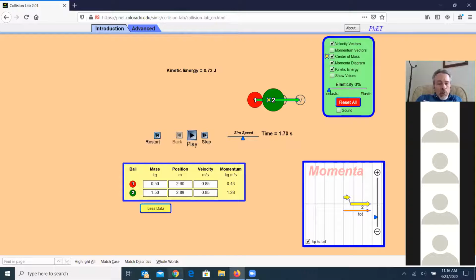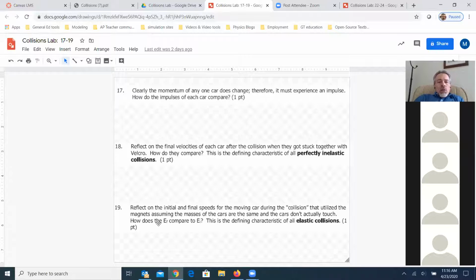So let me go back to that question. So how do their velocities compare? They are the same, as Adam told us. And I kind of want you to say, oh, they're the same, kind of like they're stuck together with Velcro. That's the defining characteristic of perfectly inelastic collisions. So that's the definition. They have the same final velocity, they're stuck together.